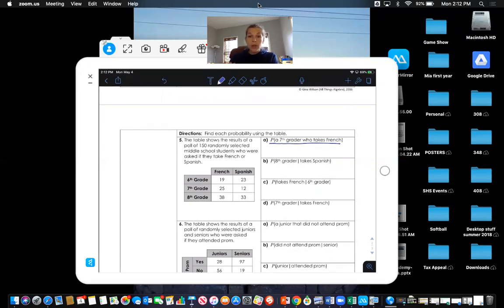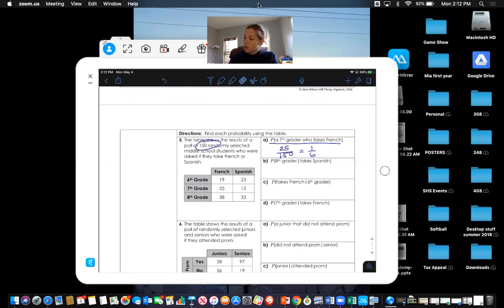So we're simply looking at 7th grader and French. I'm going to look at my French and my 7th graders. Those 25 students fall into both of those categories. They are a 7th grader who takes French. So my probability is 25 out of the 150 students, as they told me that, so I didn't have to add anything up, which is 1/6.